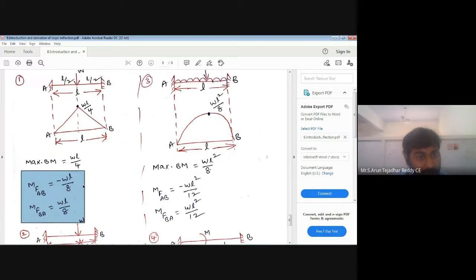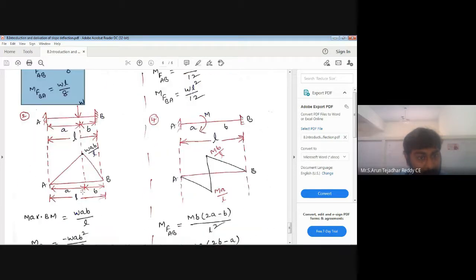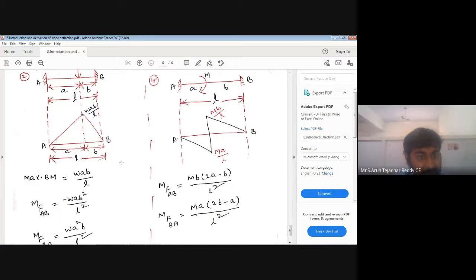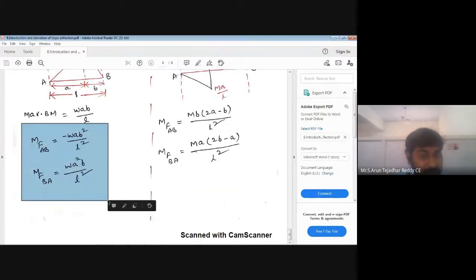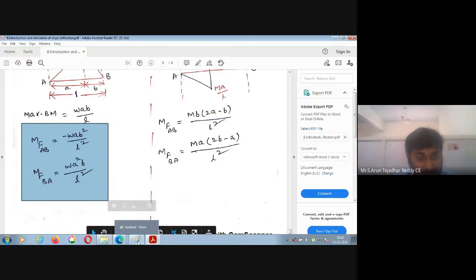But the load is not acting at the center. Here, the load is acting at different distances: one is 1 meter to the left side, the other is 2 meter to the right side. So this is your eccentric point load. The formulas for eccentric point load are MFAB equal to minus WAB square by L square, and MFBA equal to WA square B by L square. So these are the formulas for eccentric point load.